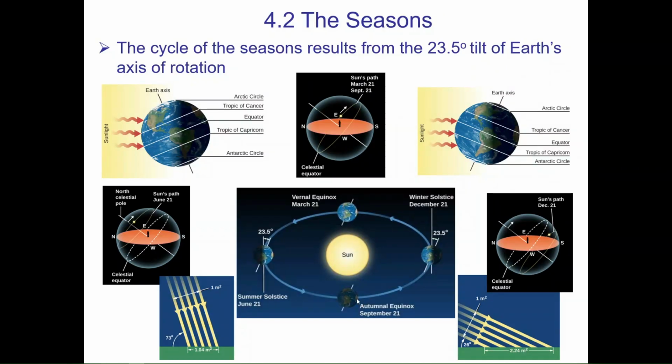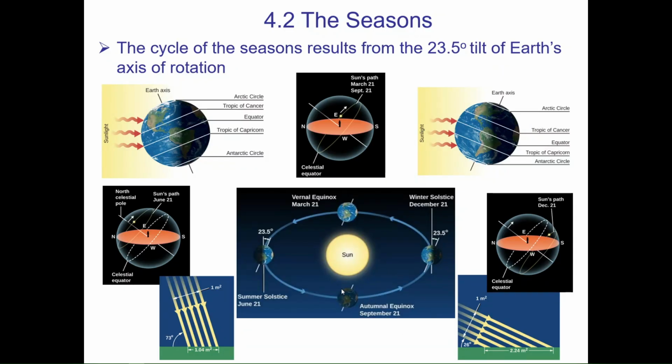And there are also two other locations on the Earth's orbit: the vernal equinox, which you can see is about March 21st, sometimes called the first day of spring, and the autumnal equinox, which is September 21st, which we call the first day of fall.